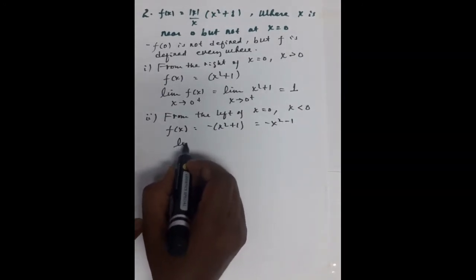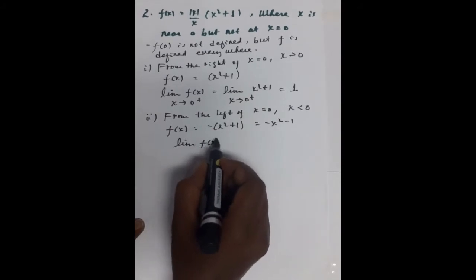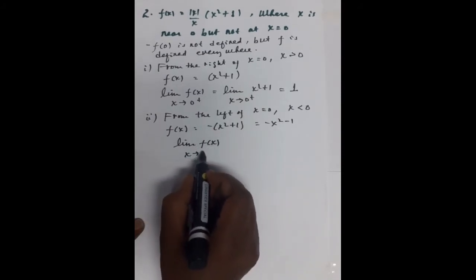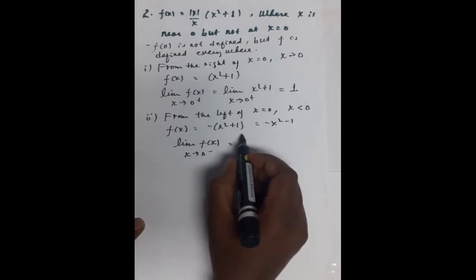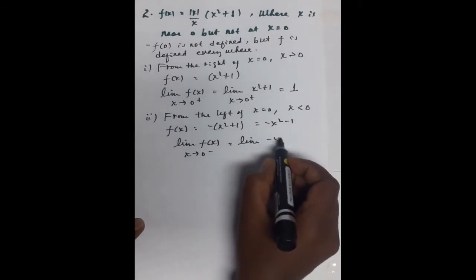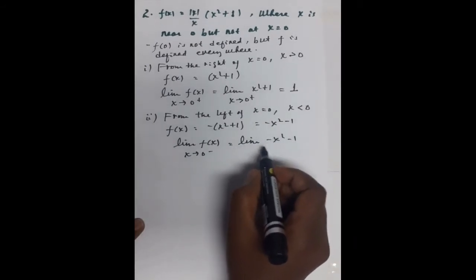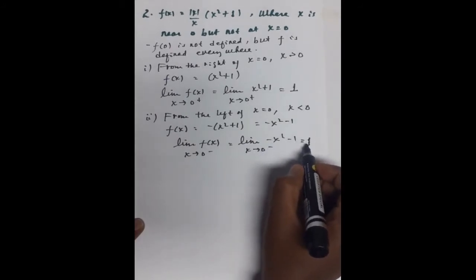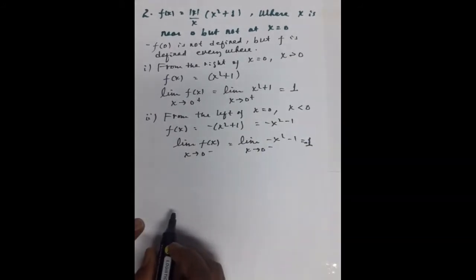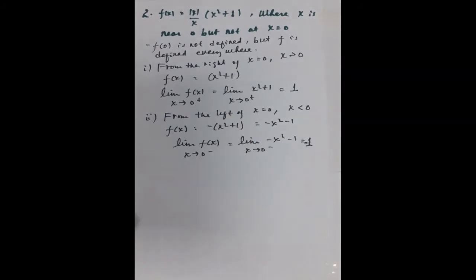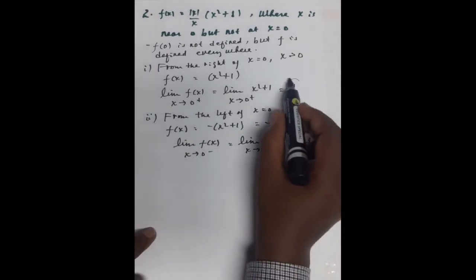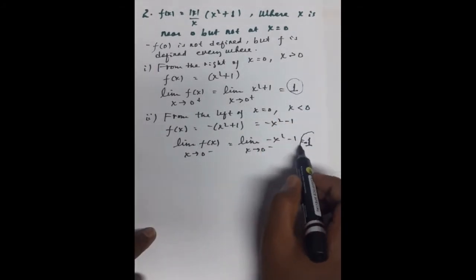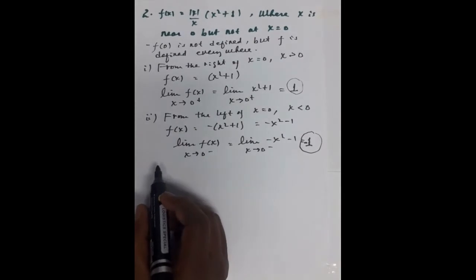So the limit of f of x as x approaches 0 from the left is the limit of minus x squared minus 1 as x approaches 0 from the left, which is equal to minus 1. From the right side it is 1, from the left side, minus 1.